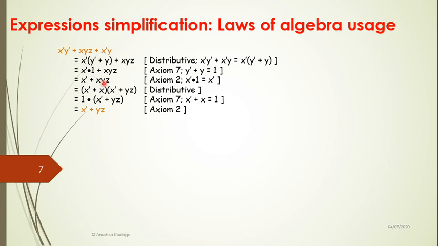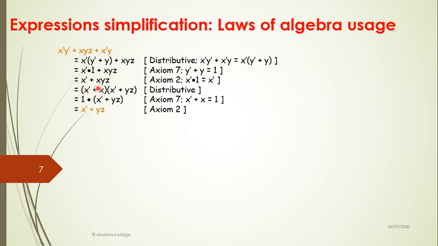Now in the next part, we are going to distribute this ORing operation over the ANDing operation, and for that we consider the terms as x and yz. So the ORing of the x dash term will be distributed over x, and the x dash term ORing will be distributed over yz.